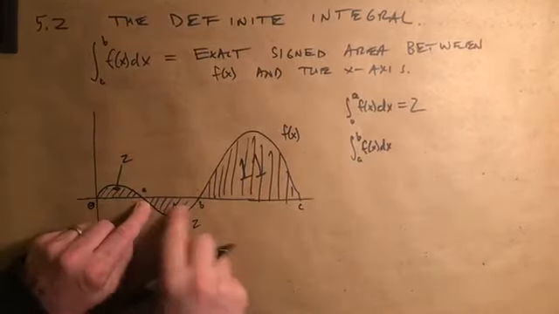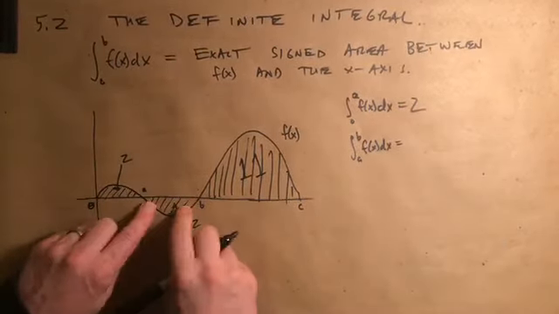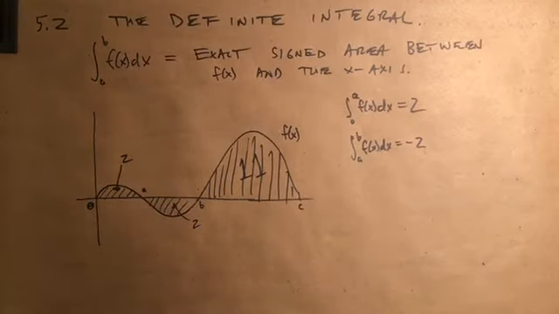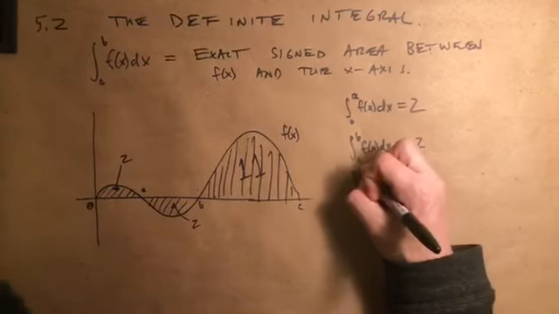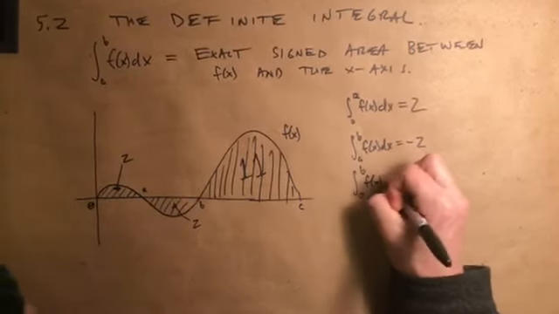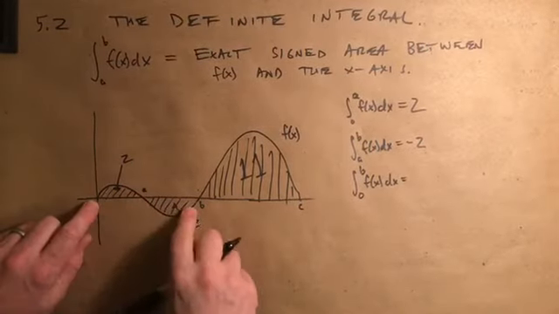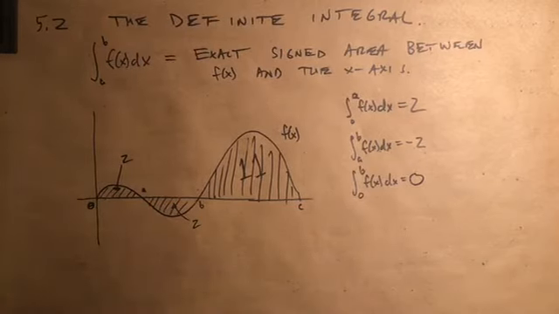And sure, the area is 2, but that's not what we're interested in. I need the signed area, and so we're going to have negative 2. Similarly, if I was to go the integral from 0 to b of f of x dx, we would have a positive 2 and a negative 2, and so that total would be 0.